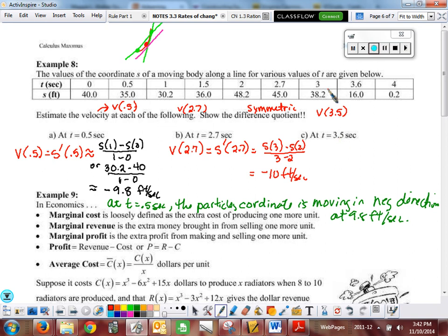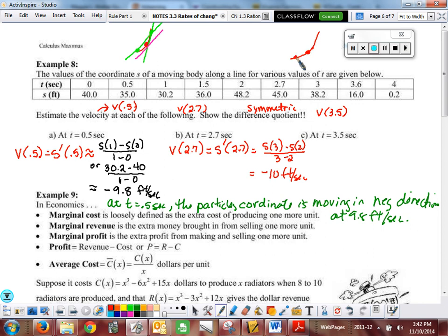And now the interesting thing here is at 3.5. Now you'll notice that you didn't have 3.5, and neither do you have a symmetric difference quotient that you can use. So based on the table that you have, the best that you can do is probably 3 and 3.6, kind of thinking about if it's smooth or not. Here's your 3.5. 3.6 is close.